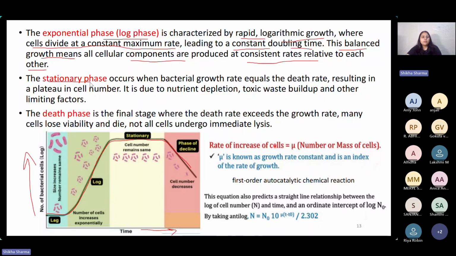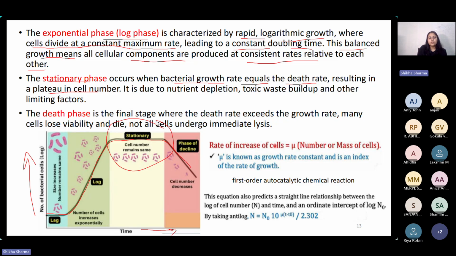Then next is the stationary phase, which occurs when the bacterial growth rate equals the death rate, resulting in a plateau in the cell number. So the number of cells which are growing equals the number of cells which are dying.